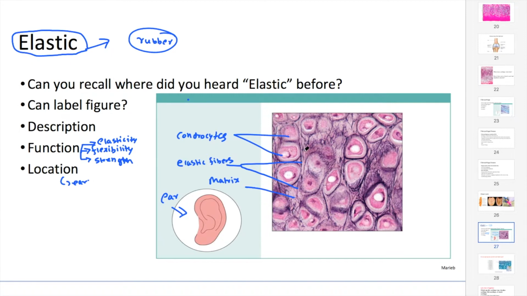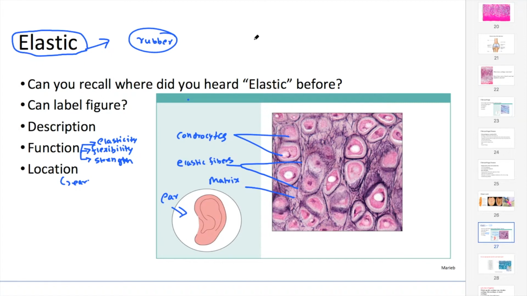We usually use other types of stains, like the H&E, which is called hematoxylin and eosin stain, for hyaline cartilage and those types of things. But by using those H and E stains, we cannot see these elastic fibers. So we use a specific type of stain. That stain is called what?